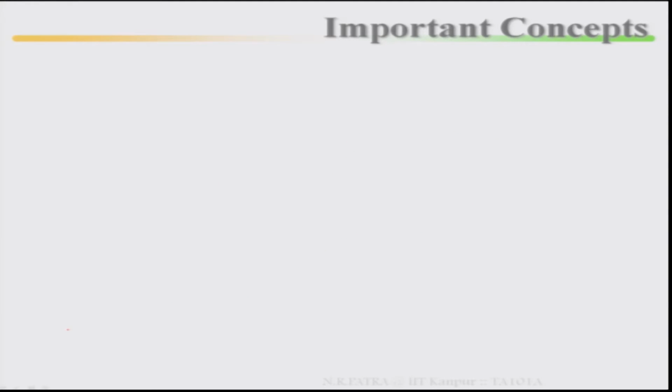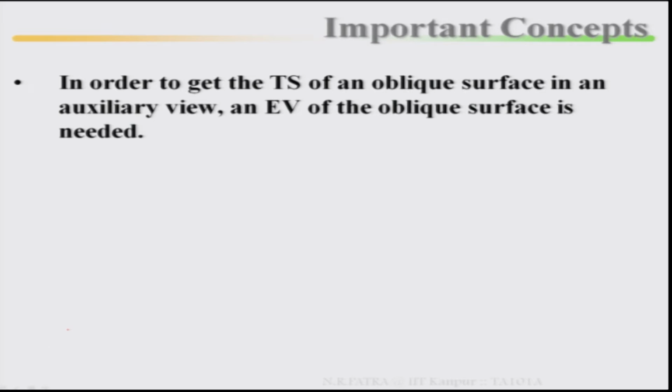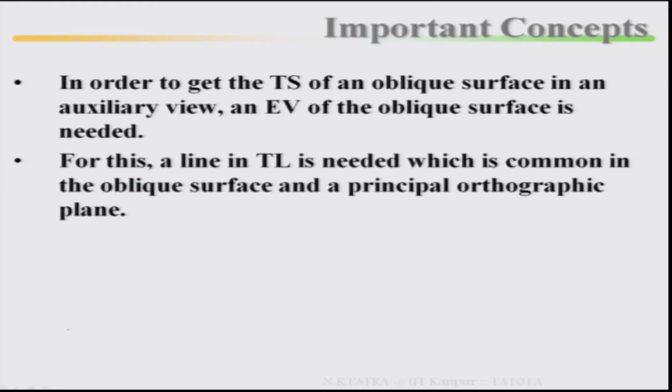Important concepts: in order to get the true shape of an oblique surface in an auxiliary view, an edge view of the oblique surface is needed. For this, a line in true length is needed which is common to the oblique surface and a principal orthographic plane.